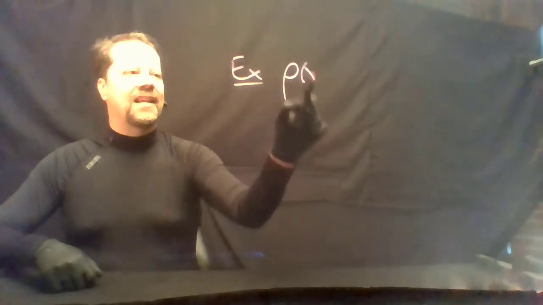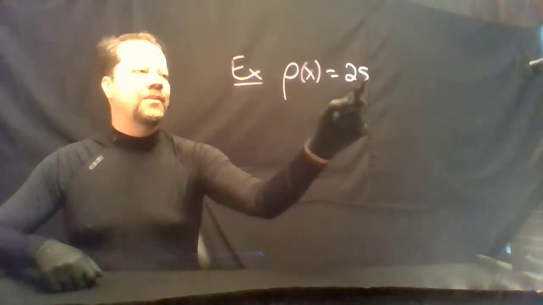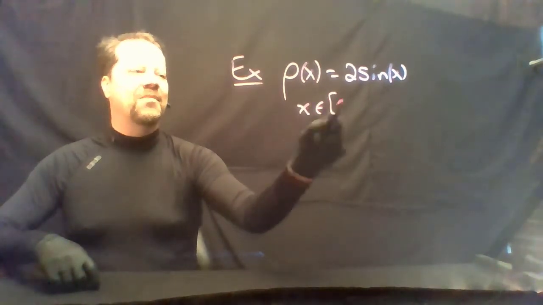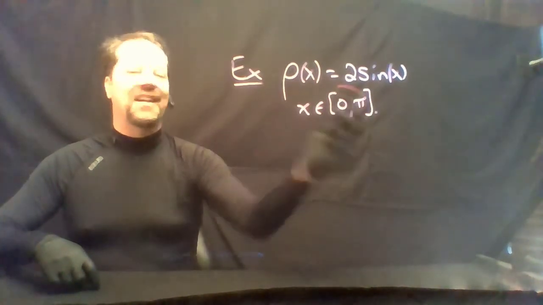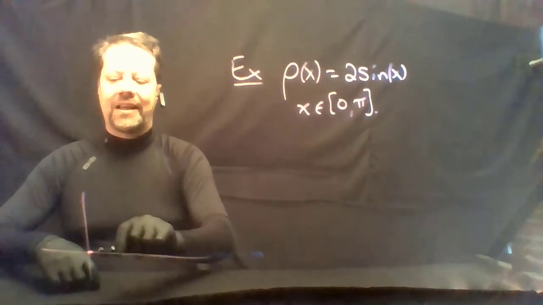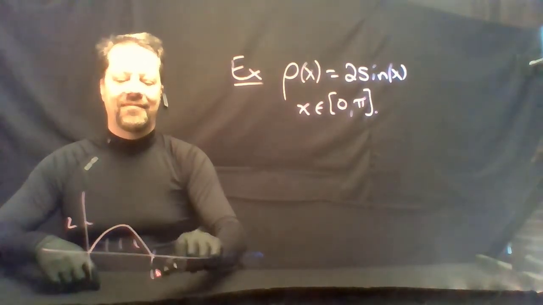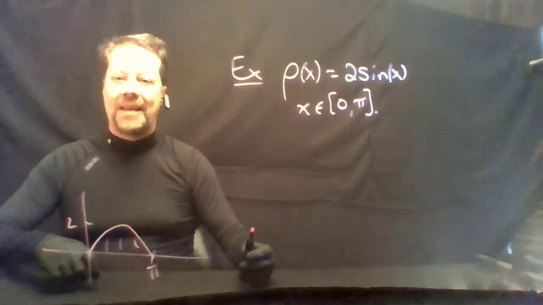For example, let's suppose that the density is given by 2 times the sine of x, where x takes values between 0 and pi. In other words, we're dealing with a kind of mound of mass going up to 2 units here. Find the total mass.